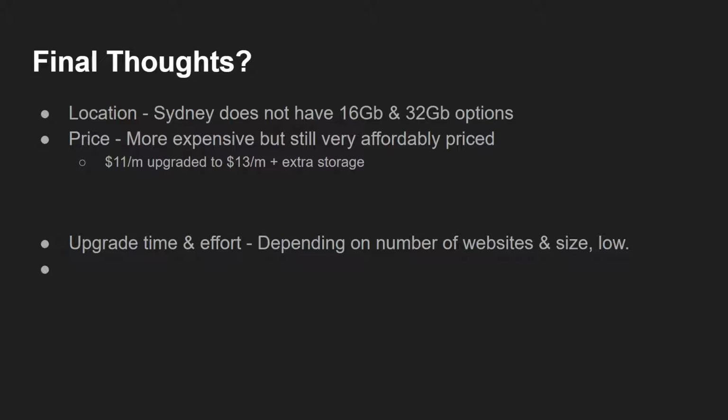Next, the price. It's a bit more expensive to upgrade to high frequency. On the standard, it's $11 a month US, and upgrading to high frequency, it's $13 a month US. But you do get extra storage on top of your standard. This is the baseline, by the way. Again, I'm just running a very small server.